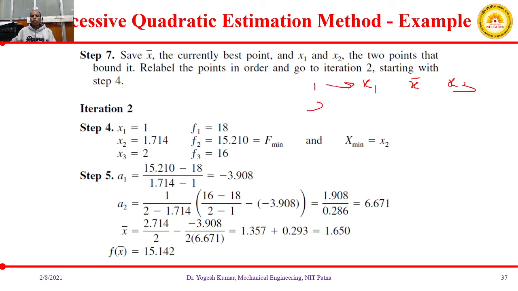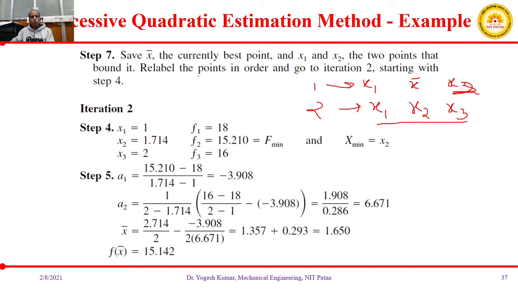For iteration number 2, we are relabeling these points. This is x2, sorry. x will remain x1, x bar will become your x2, and your x2 will become your x3. Okay, because we have to identify 3 points.